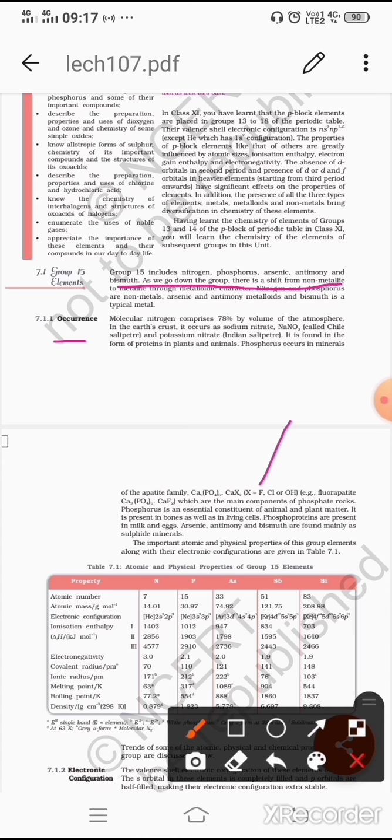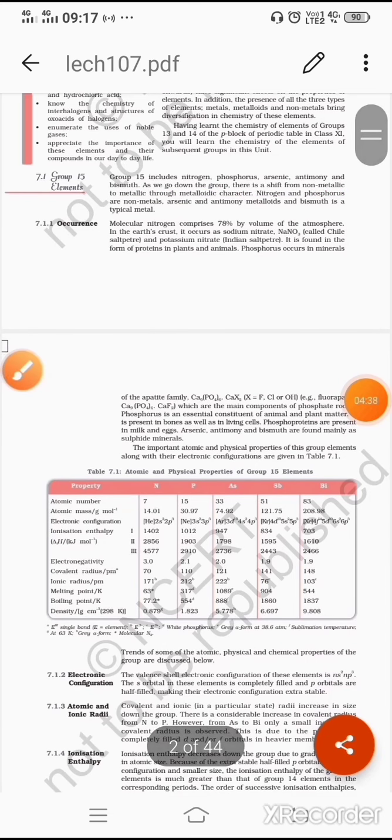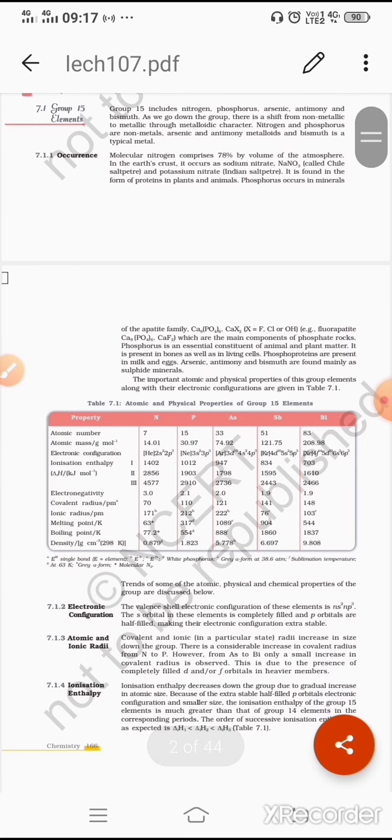Phosphorus is also found in phosphate rocks, and it is also a part of living organisms: phosphoproteins, phospholipids, cell membrane, DNA, RNA, all of these comprise phosphorus.